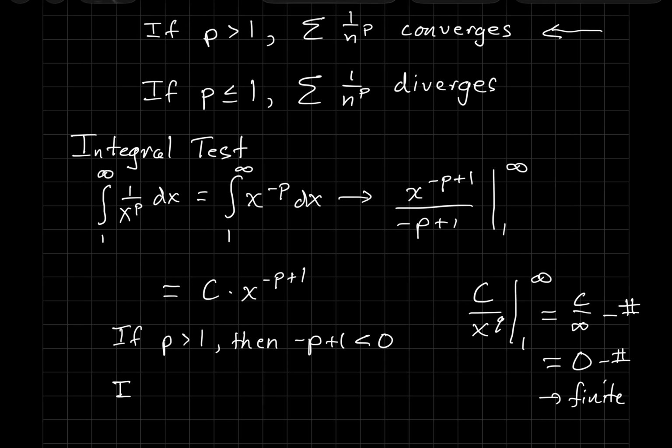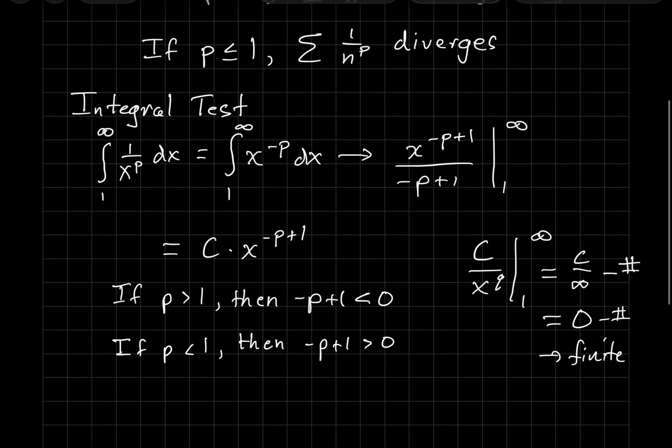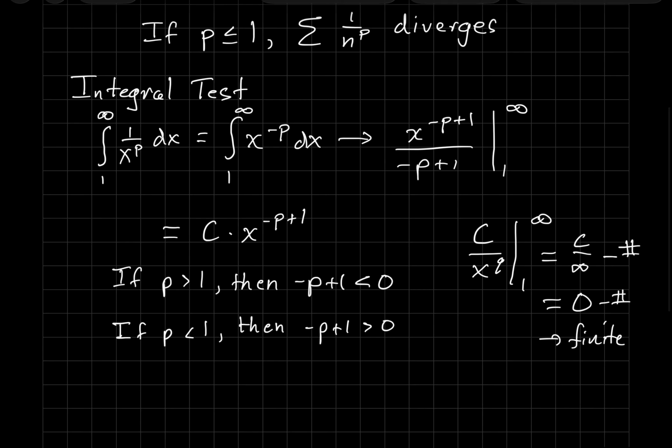But what if p is less than 1? Again, we've already taken care of when p equals 1. Well, then negative p plus 1 will be positive. And if that occurs, I will have, after the antiderivative, some number times x to a positive power that's in the numerator.